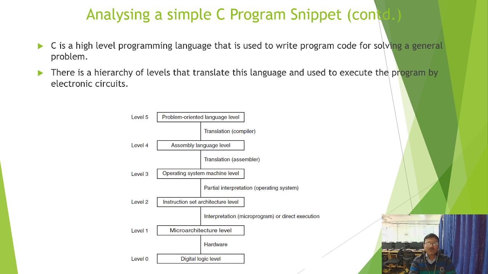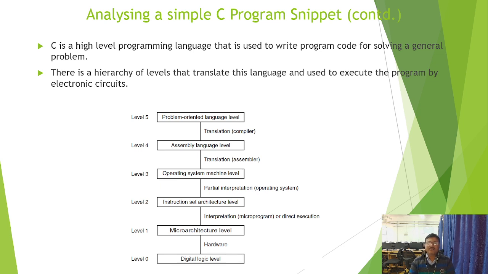Here we observe there are 6 levels of programming languages, starting from the high level programming language to the digital logic level, that is, how the program is executed using digital logic circuits.